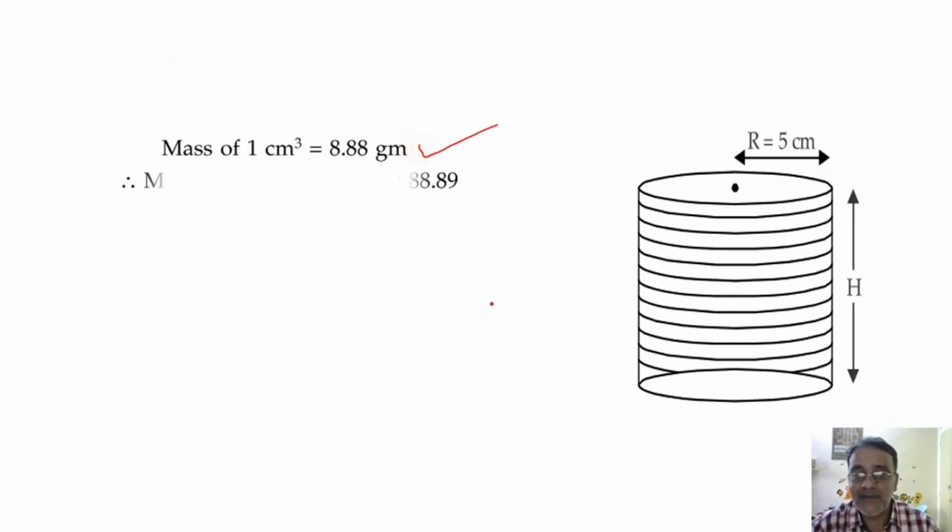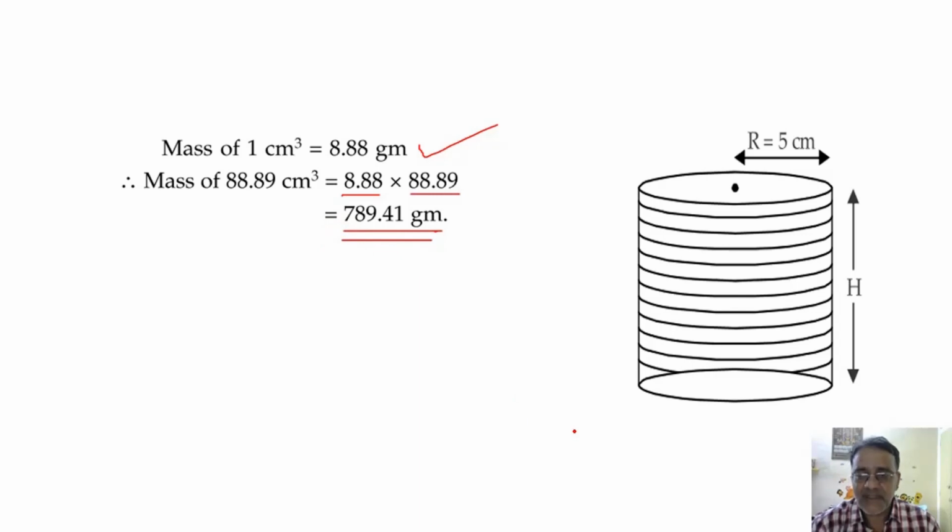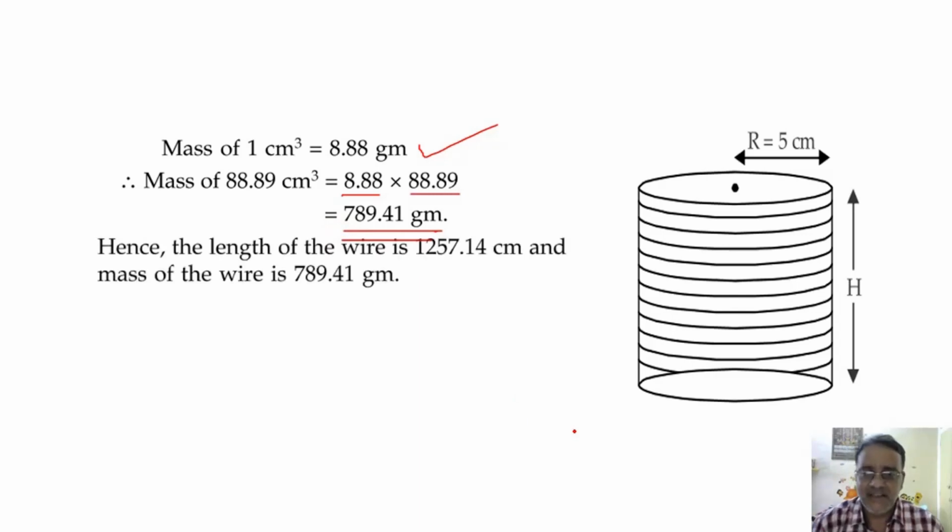So the total mass will be 88.89 into 8.88, which is approximately 789.41 gram. Hence the total length, that is capital H, is 1257.14 centimeter, and the mass of the wire is 789.41 gram. Any doubt in this question?